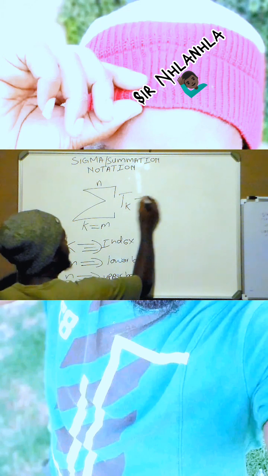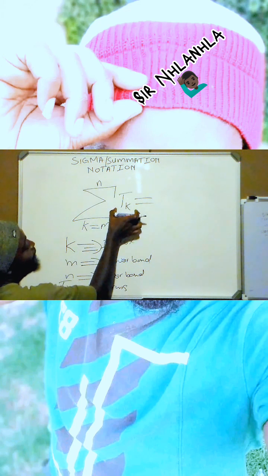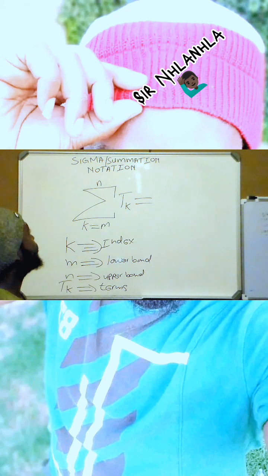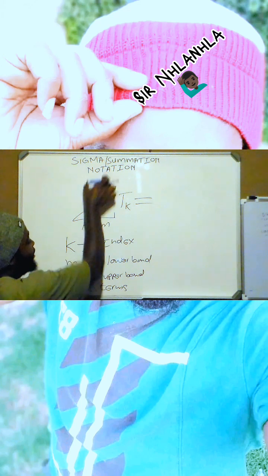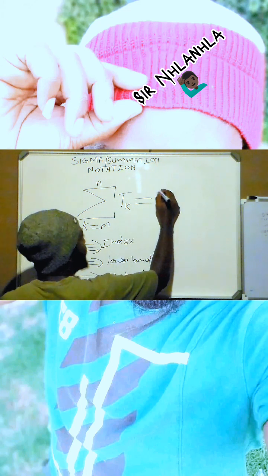What do I mean by that? For me to go from M to N, remember that I should sum up the expression written to the right of the sigma notation. So I should sum it up from M to N and increase it with increments of 1. So this is how it looks.